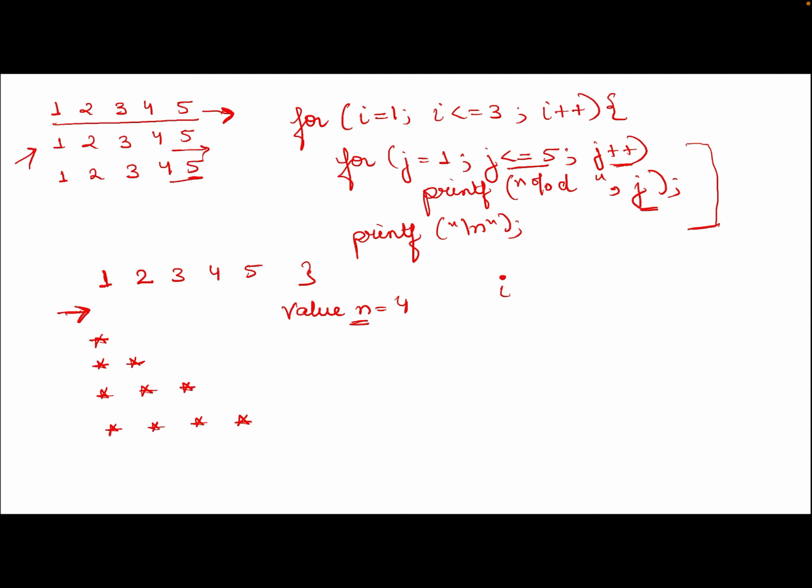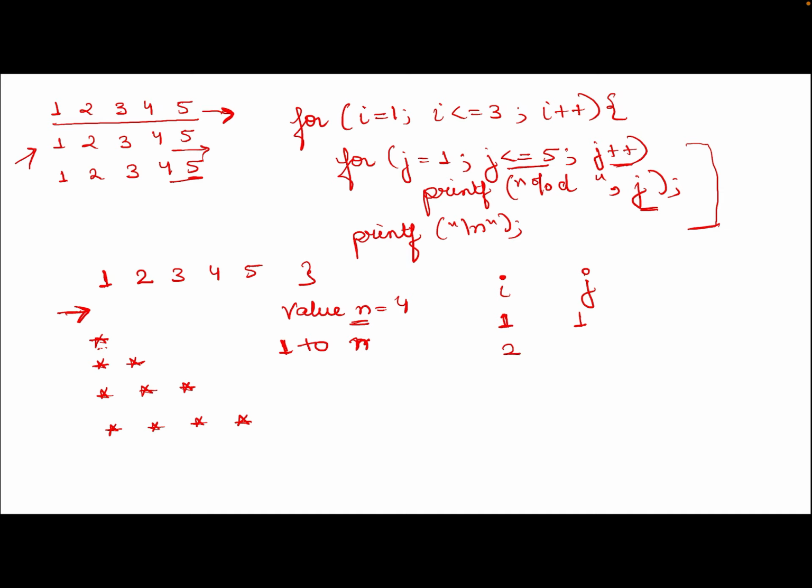Now i is my outer loop and j is my inner loop. Okay, that is the convention we use for i and j basically. So if I start the loop from 1 to n, if the value of i is 1 initially, how many times should this star be printed? It should be printed 1 time.